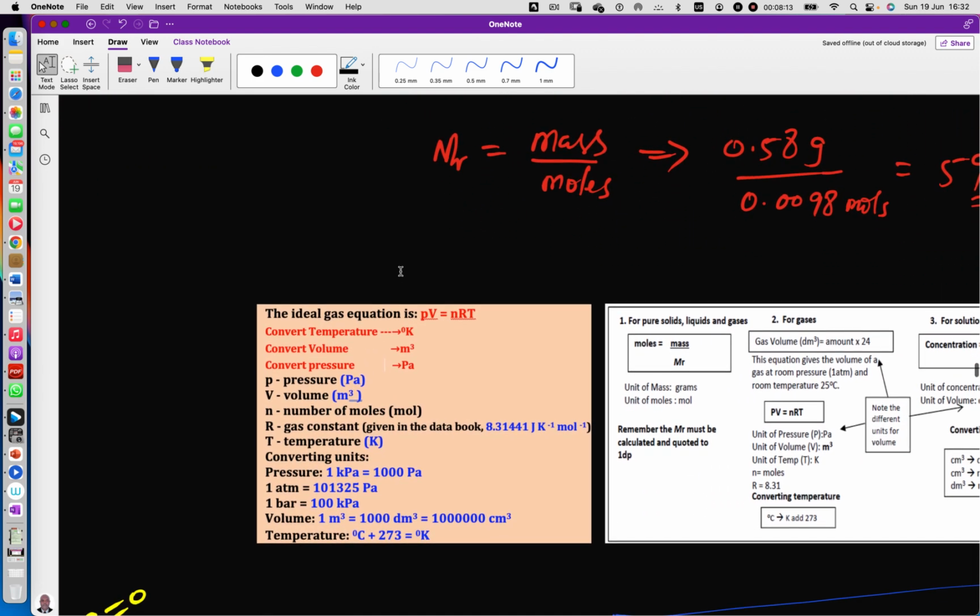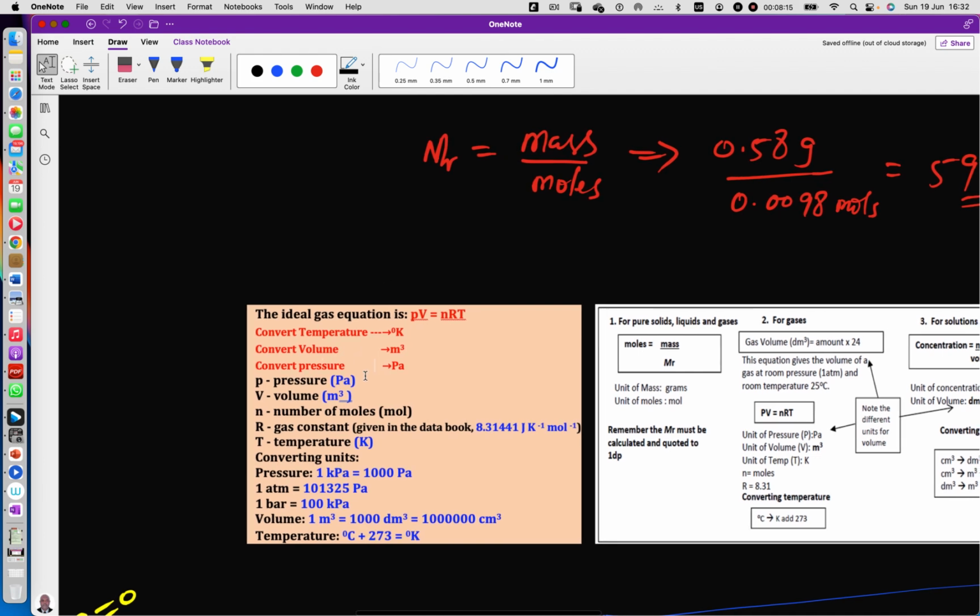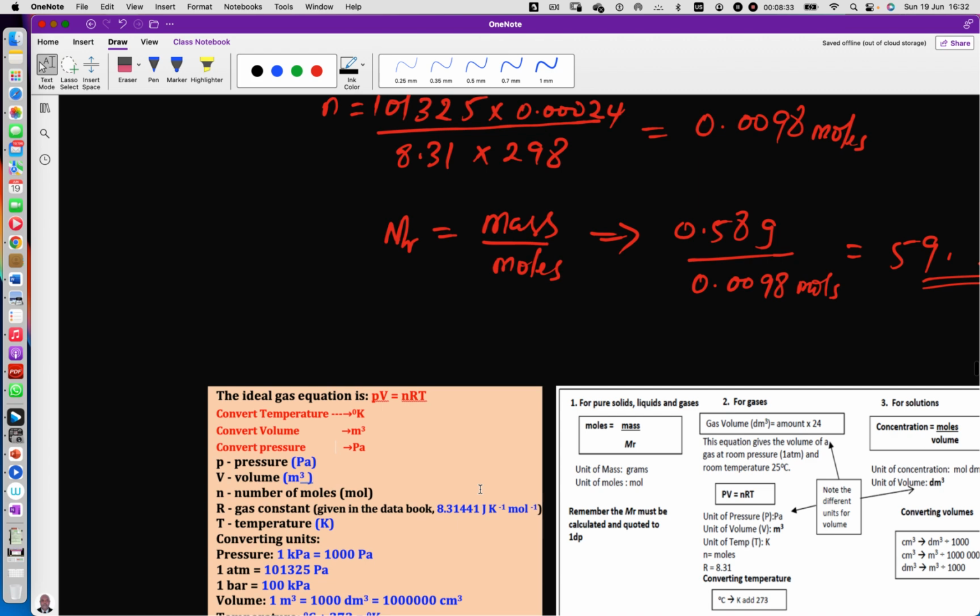I will prefer that you do the conversions, because this is what we are currently using. Do the conversions into the current standard, into Kelvin, into meter cubed, into Pascal, and convert the gas constant and follow the ideal gas equation.